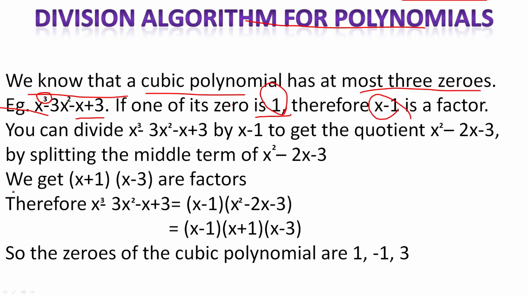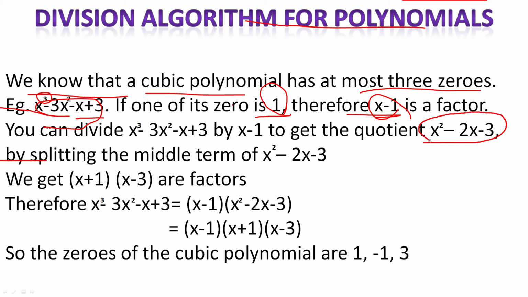If you divide x cube minus 3x square minus x plus 3 by x minus 1, you will get the quotient x square minus 2x minus 3.